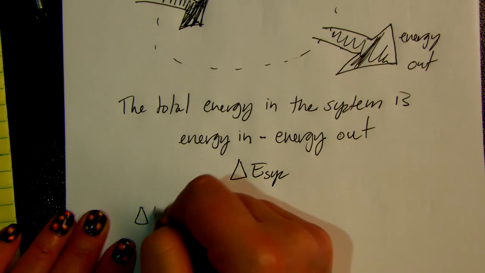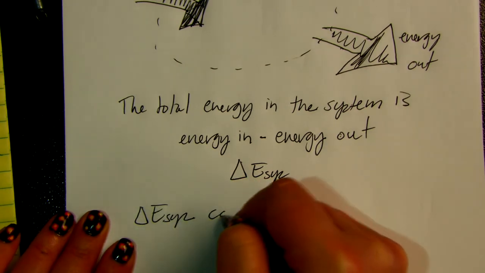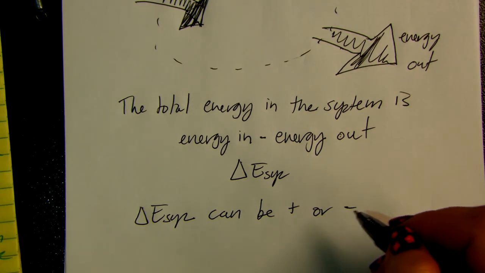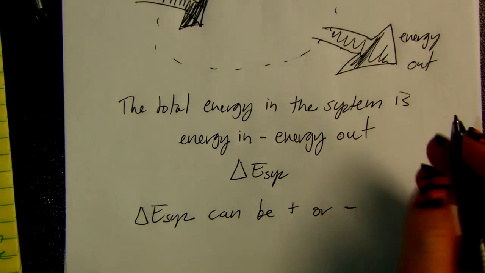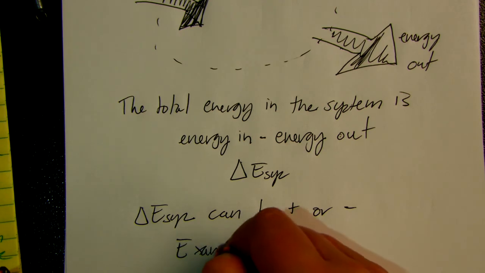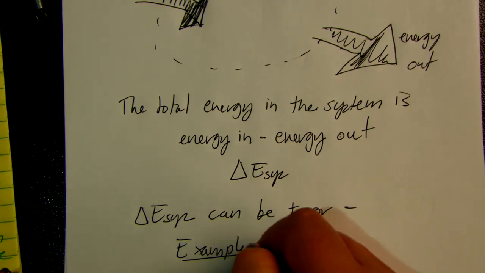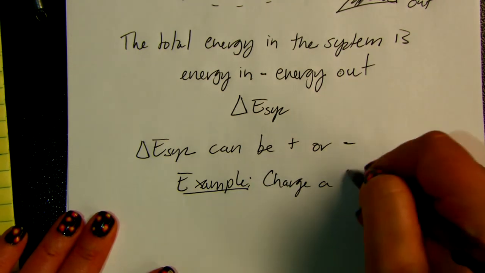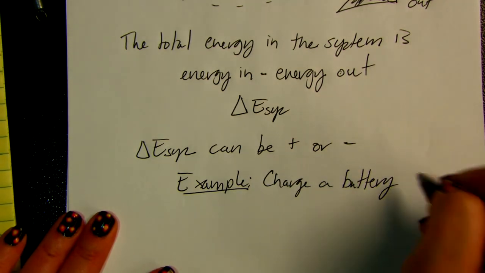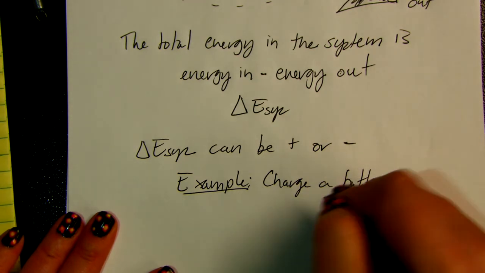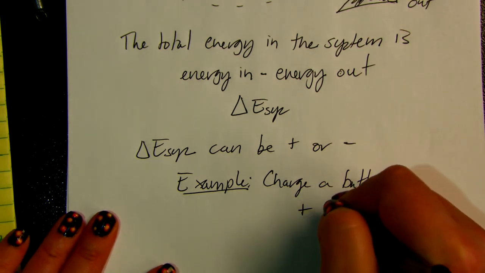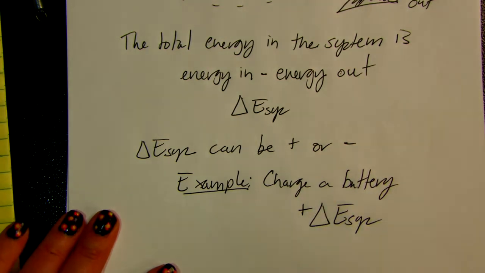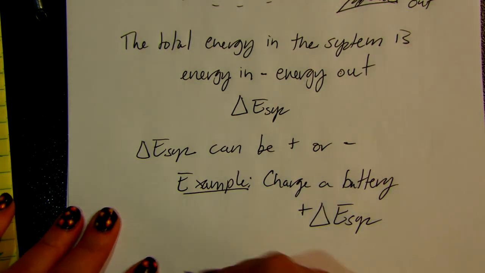Now, delta E system can be positive or negative. Your system could be gaining more energy or it could be losing more energy. For example, if you charge a battery, you're putting power into the system, or you're putting energy into the system, so you would have a positive change in energy for that system.